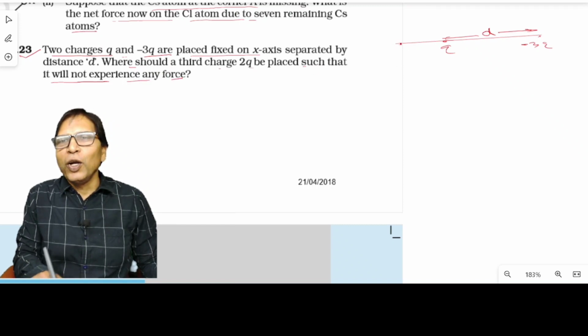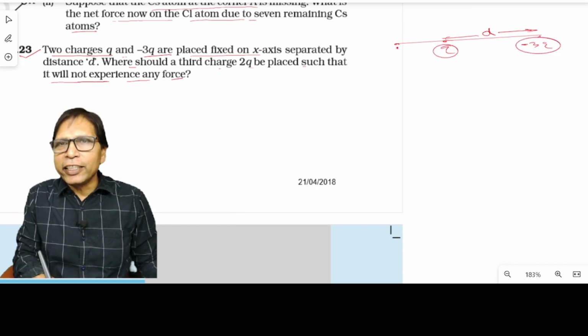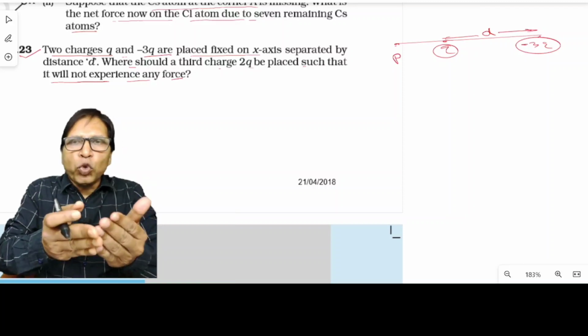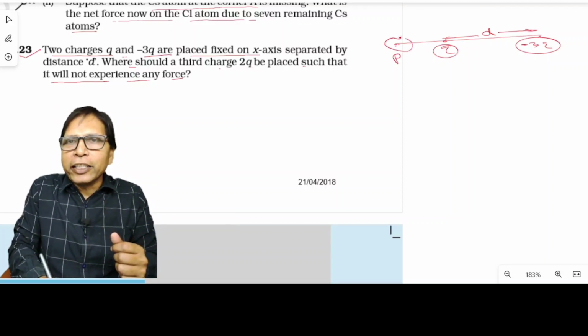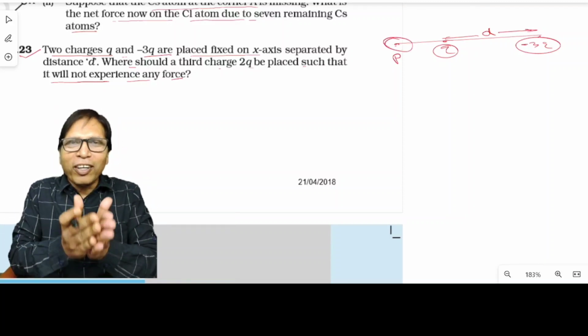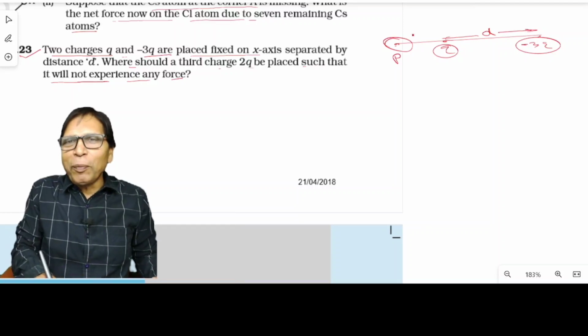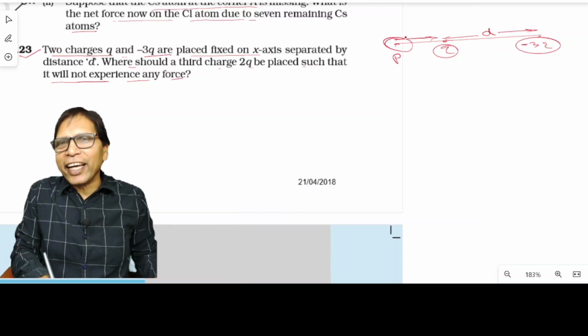If the electric field due to this charge and this charge is 0 at this point, then if we place the 2Q charge at this point, the force on 2Q is 0. Suppose this distance is x.